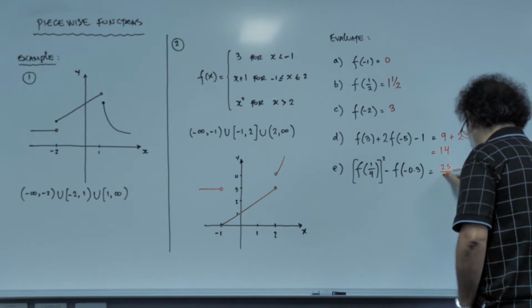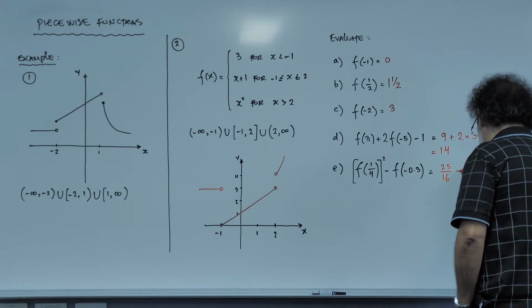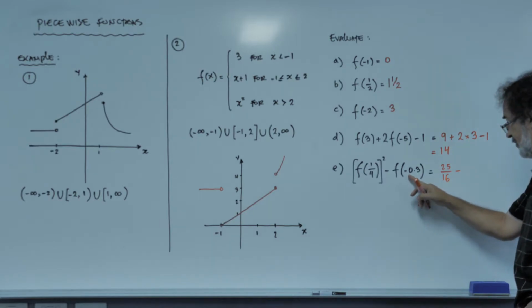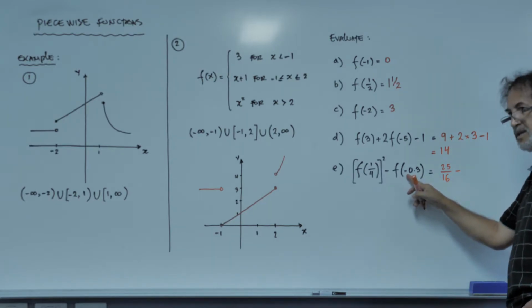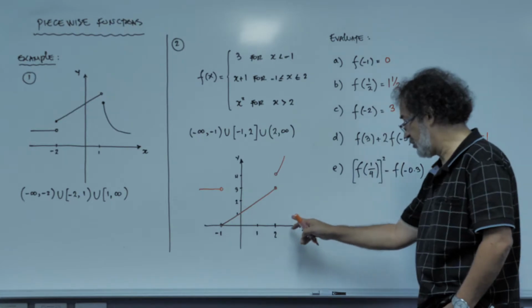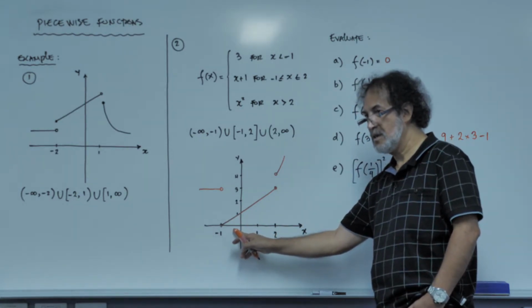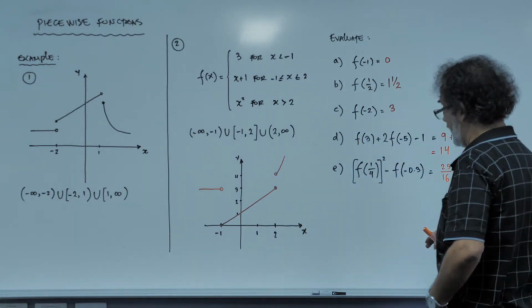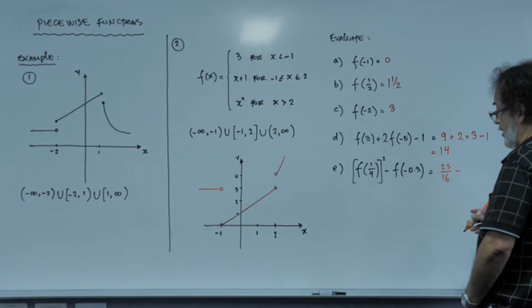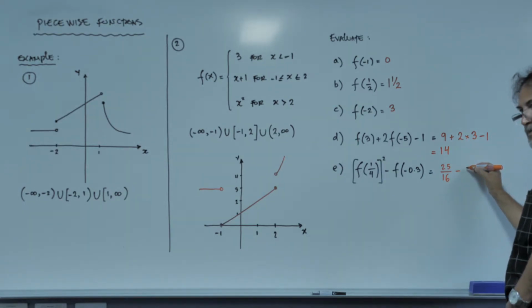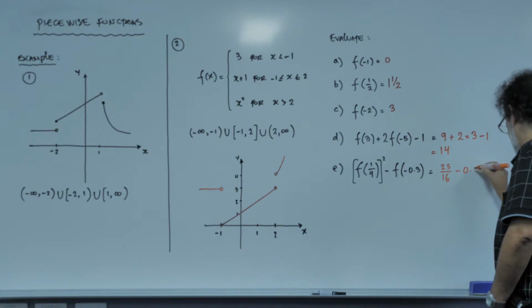25 on 16. And then we take away f at -0.3, which belongs somewhere here. And that is equal to that number plus 1. So what is the answer? 0.7.